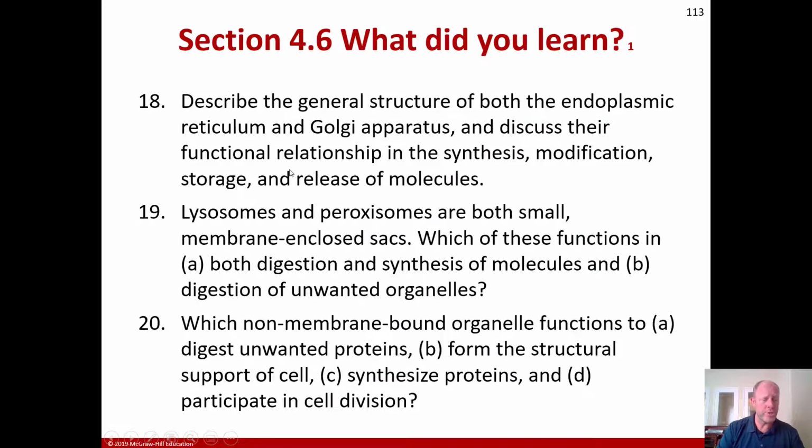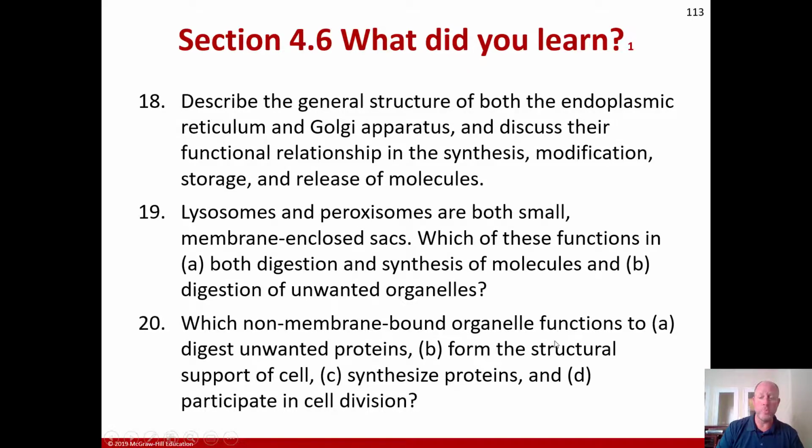You should be able to, with this section, describe the general structure of both the endoplasmic reticulum and the Golgi apparatus, and discuss their functional relationship in the synthesis, modification, storage, and release of molecules. Lysosomes and peroxisomes are small, membrane-closed sacs, but which of these functions is involved in both digestion and the synthesis of molecules, let alone the digestion of unwanted organelles?